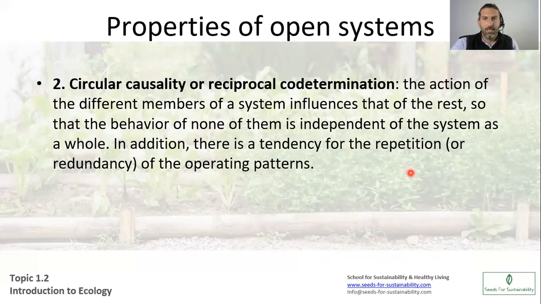Circular causality or reciprocal codetermination. Two more terms that we have to have in mind. This refers to the action of the different members of the system that influence that of the rest, so that the behavior of none of them is independent of the system as a whole. In addition, there's a tendency for the repetition of operating patterns. So basically, nothing's an island, nothing is standing for itself, so everything affects everything.